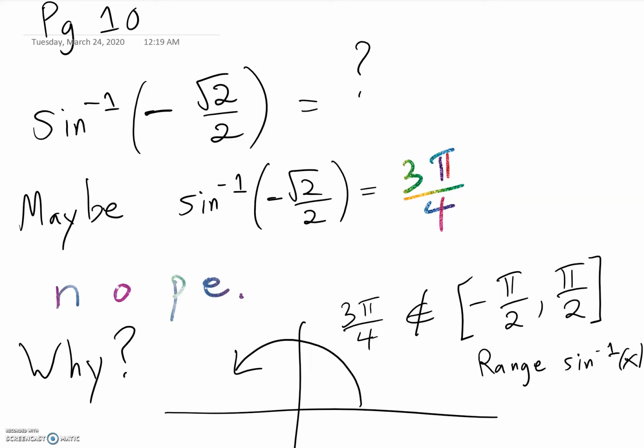But this is wrong. Why? Let's draw this angle of 3 pi over 4. That angle is in quadrant 2. That angle of 3 pi over 4 is clearly greater than pi over 2. It cannot be inside the range of sine inverse. So you need to find another angle that is inside the range of sine inverse so that sine of that angle equals negative root 2 over 2.